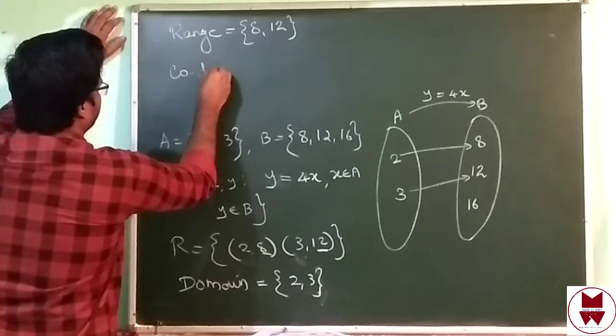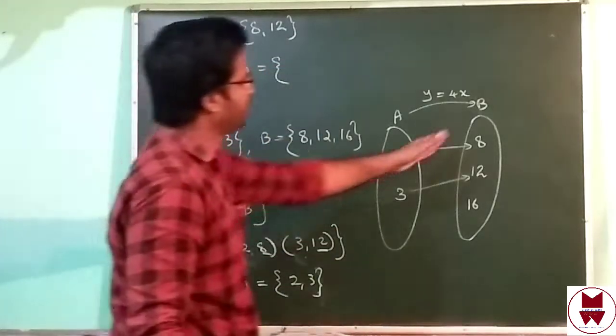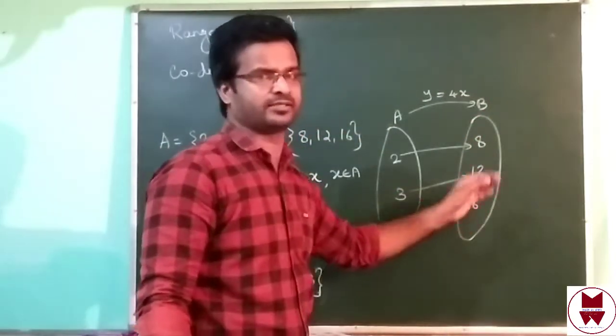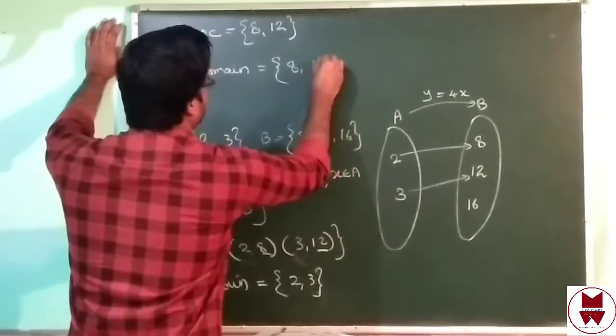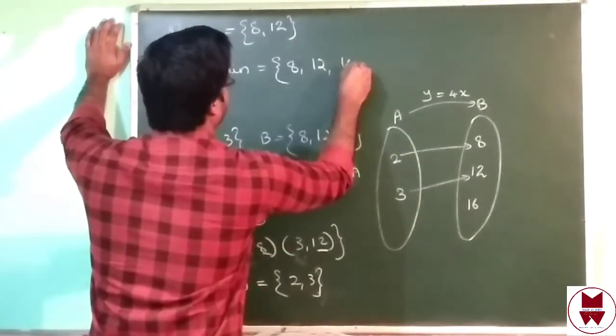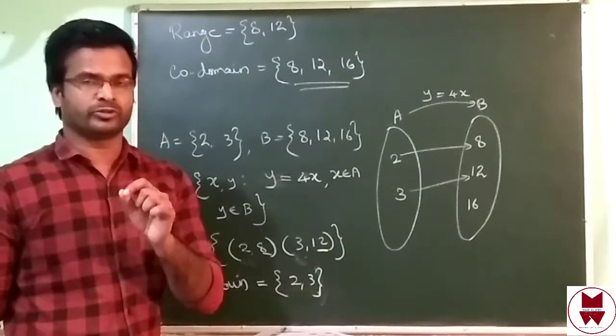Then codomain. Codomain means the whole second set. All of the second set is known as the codomain. We can write 8, 12, 16 as the codomain. Keep in mind, there is a small difference between range and codomain.